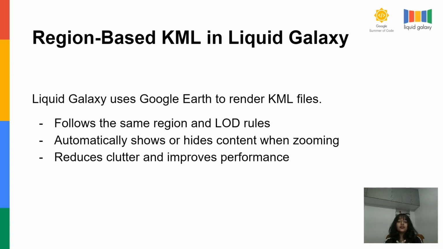Once regions are defined correctly, content automatically appears when zoomed in. Content disappears when zoomed out. No manual toggling or scripting is required. This automation is extremely valuable. Not only does it improve visual clarity, but it also improves performance.